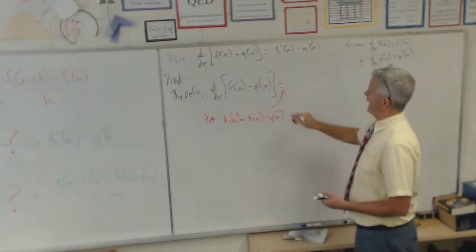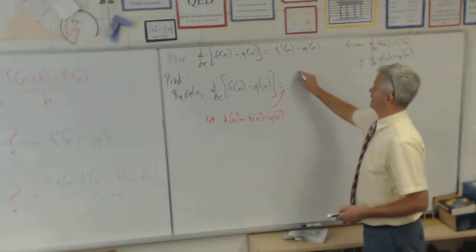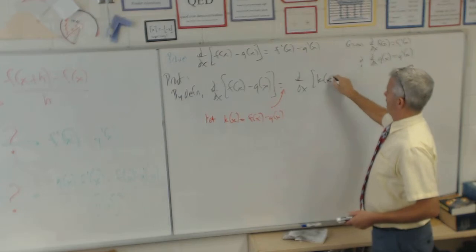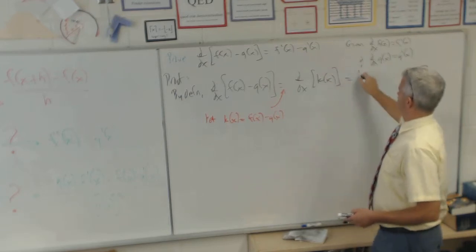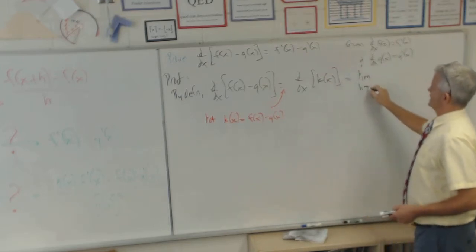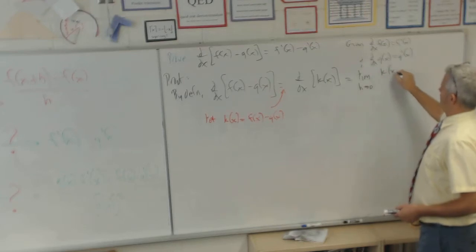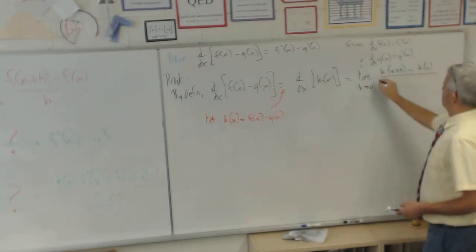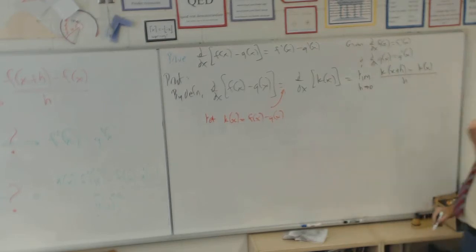So once I've done that, this is the same as the derivative with respect to x of k of x, which is the limit as h goes to 0 of k of x plus h minus k of x over h. Agreed?